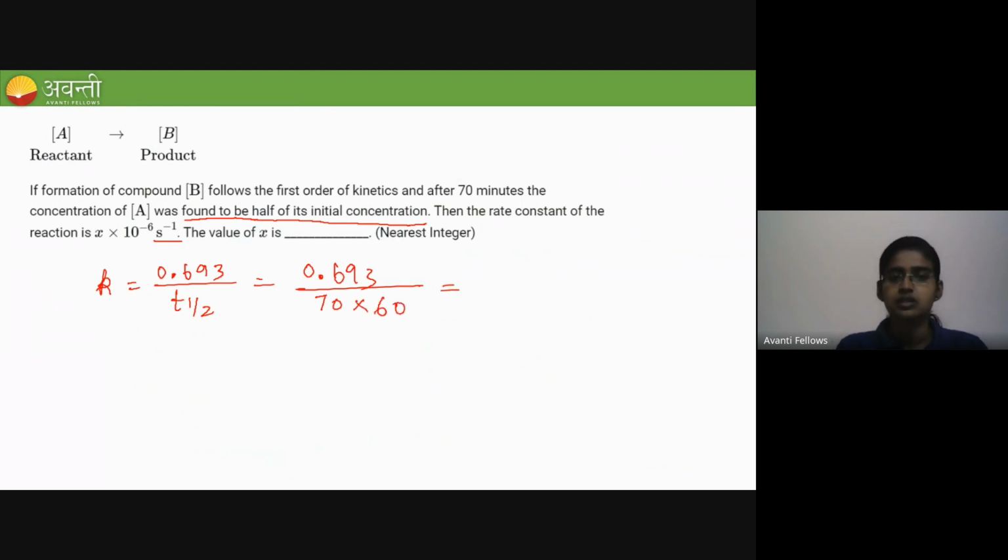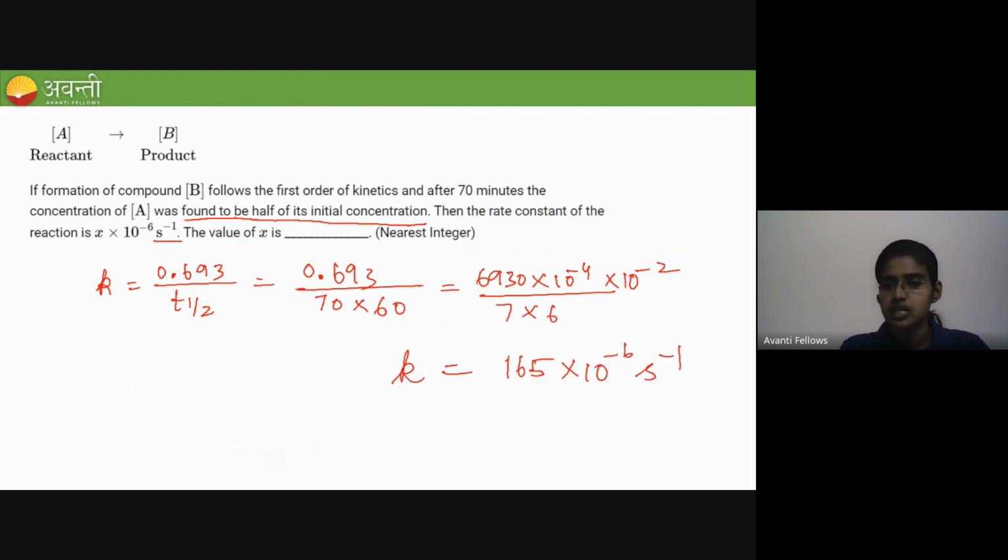In terms of 10 power minus 6, we have to find out, right? So we can put 6930 into 10 to the power minus 4 in the numerator and take the 100 in the denominator to the numerator, so it will be minus 2. Finally, we will have 10 power minus 6, and 6930 divided by 7 into 6 gives 165 into 10 to the power minus 6 per second.